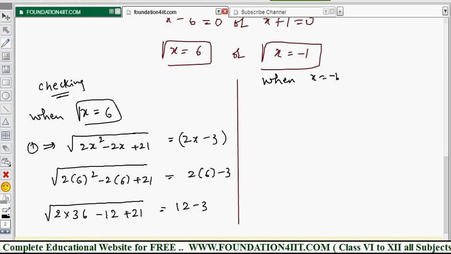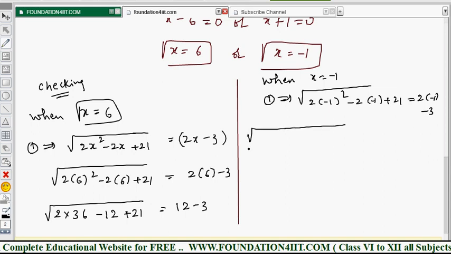So when x is equal to minus 1, from equation 1 we substitute: square root of 2 into minus 1 square, minus 2 into minus 1, plus 21, is equal to 2 into minus 1 minus 3. So 2 into minus 1 square is 2, and minus 2 into minus 1 is plus 2, plus 21.